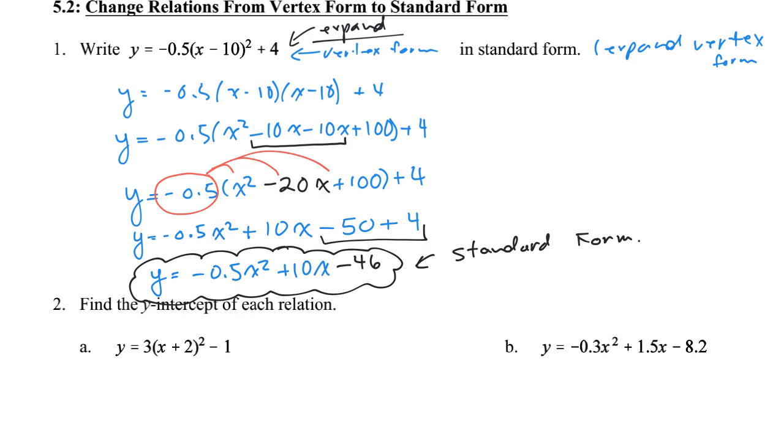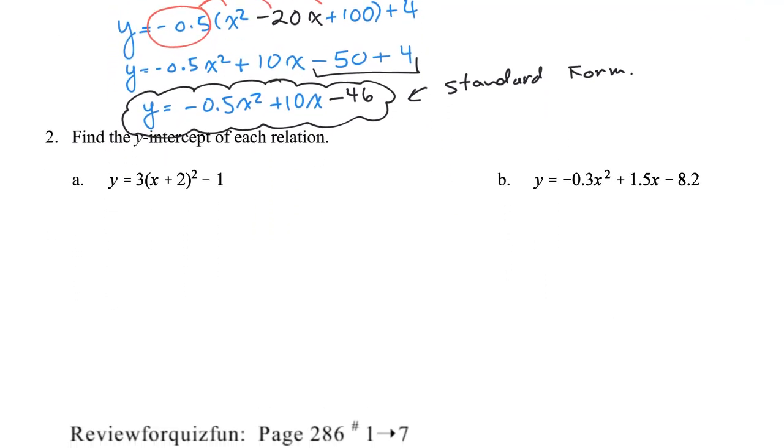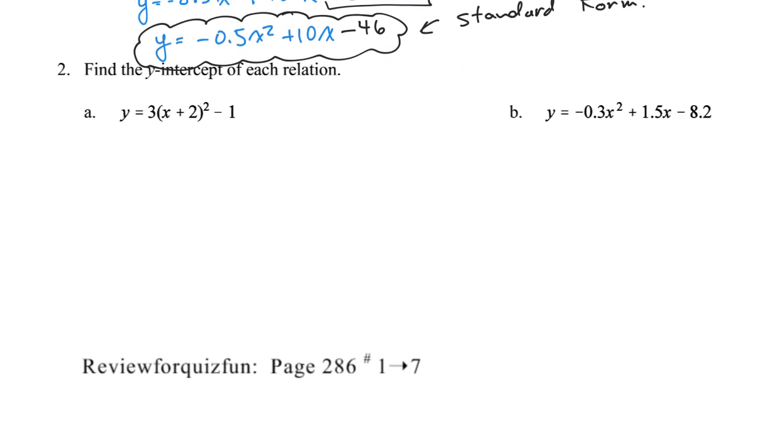Now, this last problem that we have here, I spent a lot of time on this, and I tried to make it easy for you guys, okay? When we're talking about the y-intercepts of a relation, if I have something in this form here for question number 1, this is called the vertex form, right?